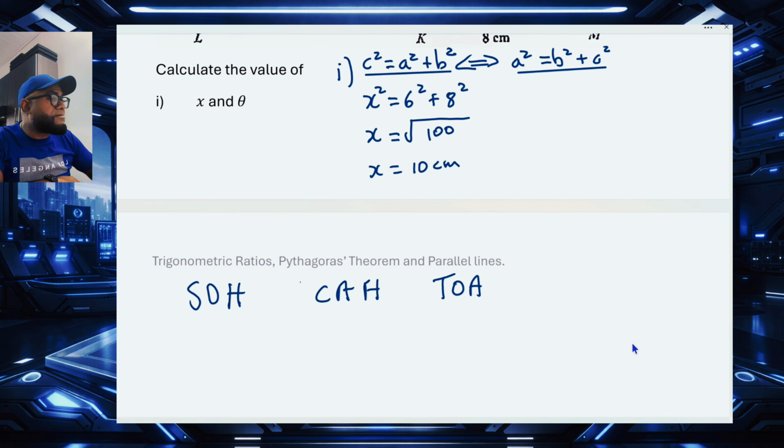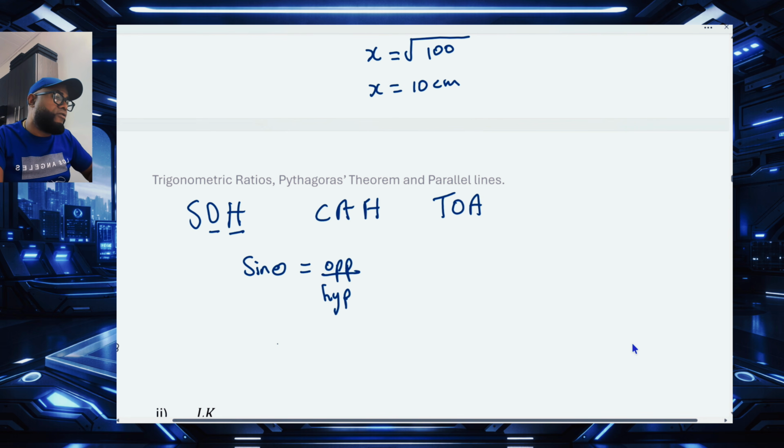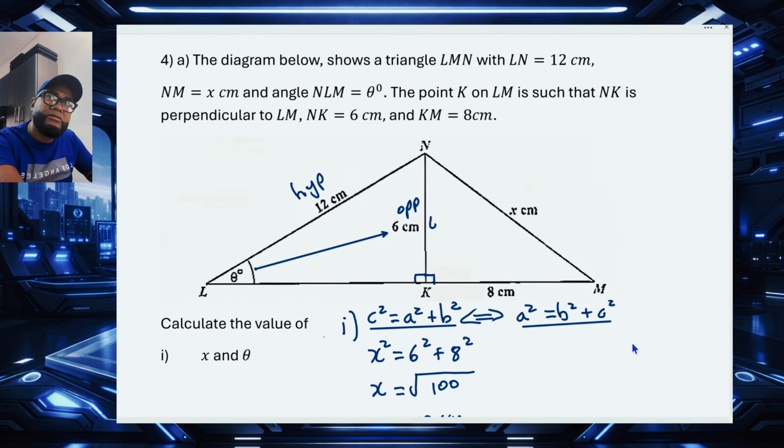So we're using the one that has opposite and hypotenuse. That'll be sine theta is equal to opposite over hypotenuse. From the question above, sine theta would be equal to what is my opposite? 6.